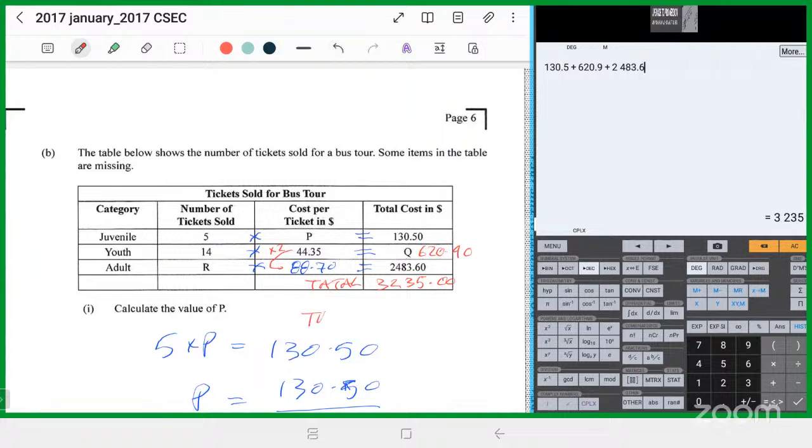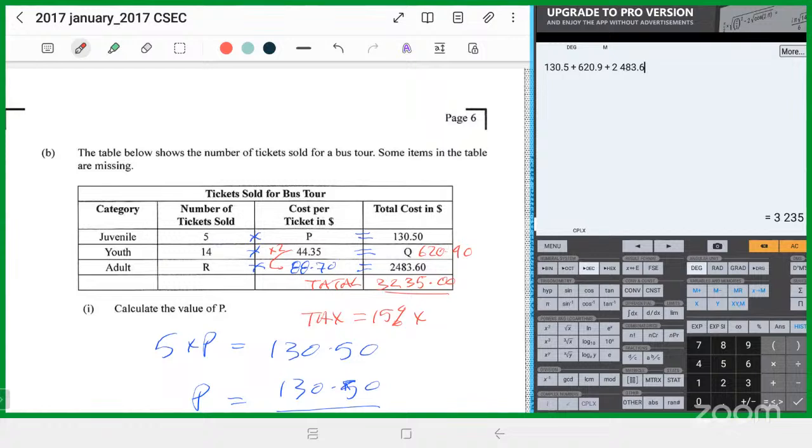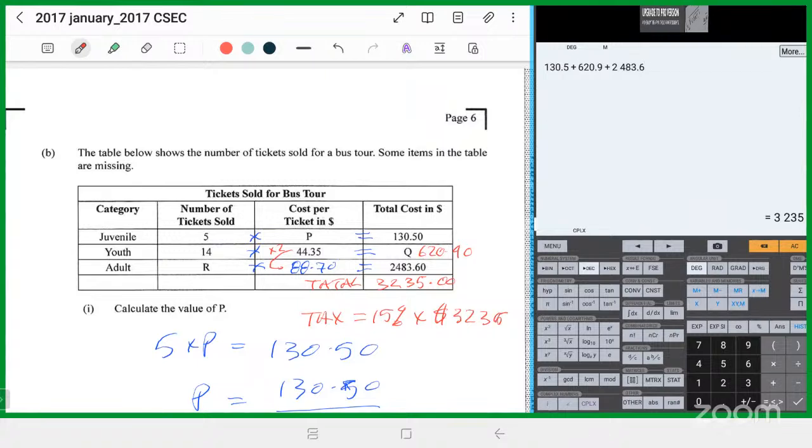So the tax then equals 15% times this figure. 15% times that figure, which is, let's put the dollar sign on it, 3235. And work that out, and we get the tax.